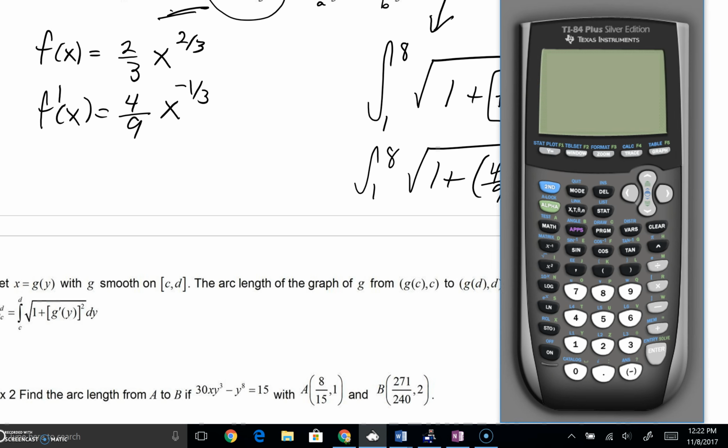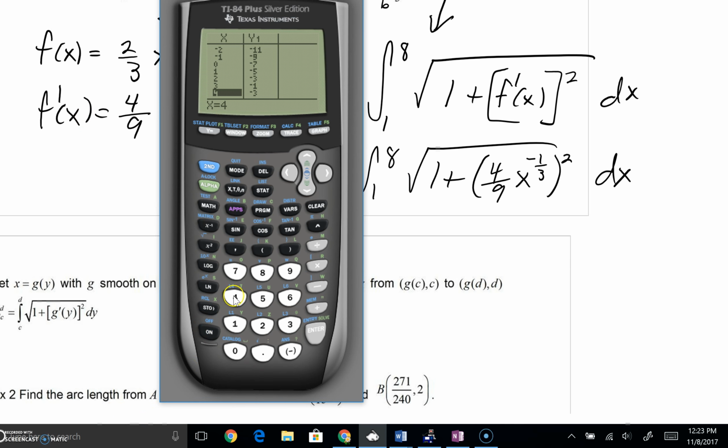But what we will do is plain and simply get the calculator out, and we'll go to our integral right here, and we're going to go from 1 up to 8, and then we'll say, here's your square root of 1 plus.